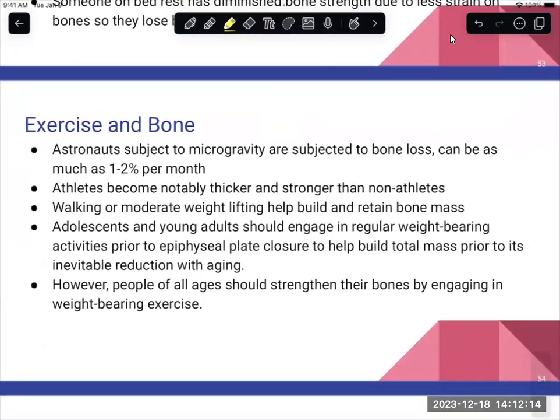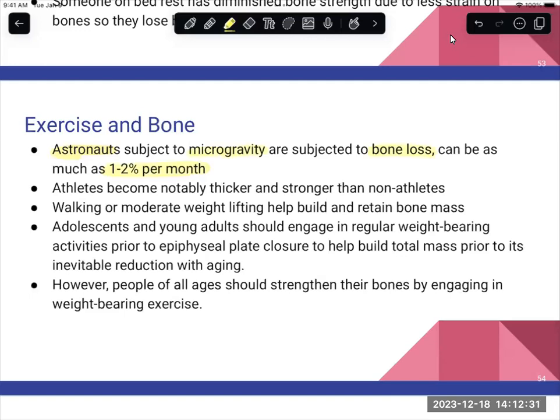An interesting one, astronauts. They actually lose 1 to 2% of their bone mass per month that they're out in space just because of gravity. There's that microgravity.